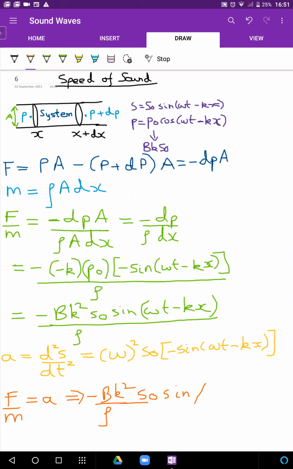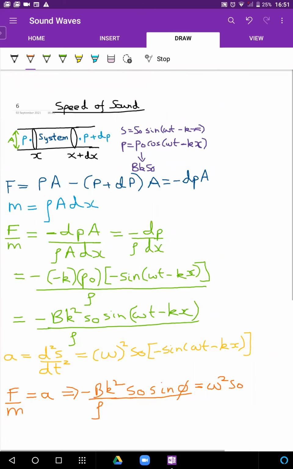I can maybe save a little space by just writing sine phase is equal to omega square s naught again sine phase, right?